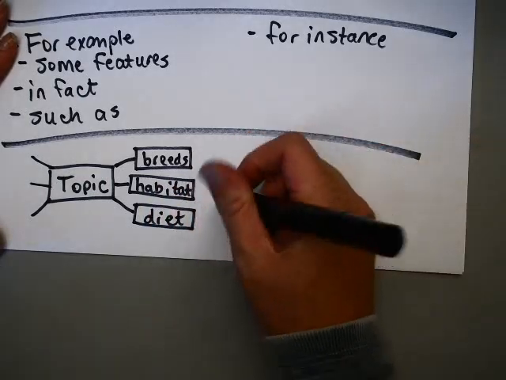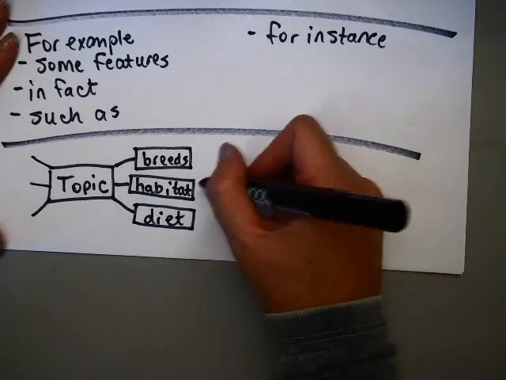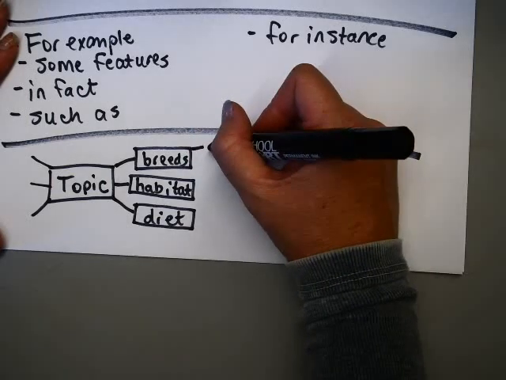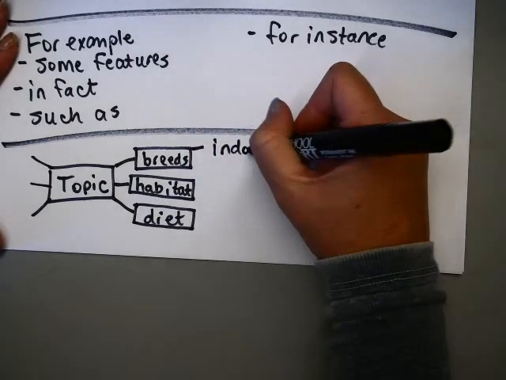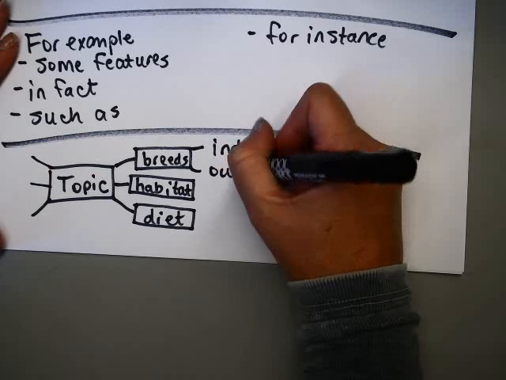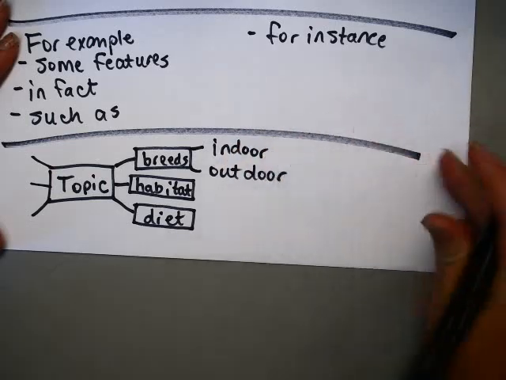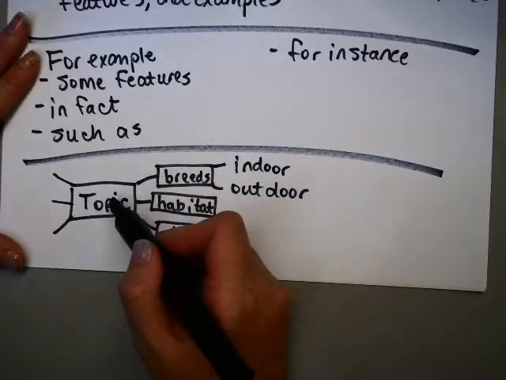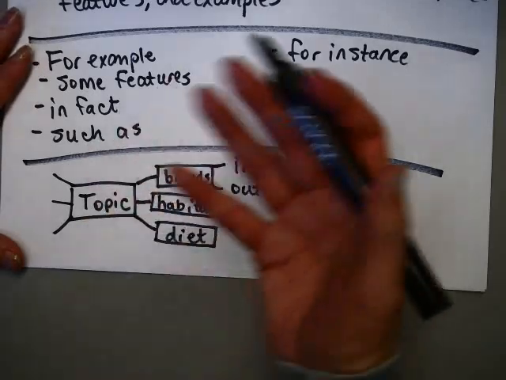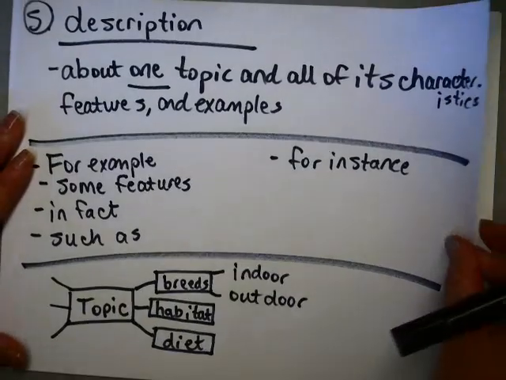And then we could even keep branching off this way too. So breeds could be indoor, outdoor. But the point of this one is that it all leads back to that one particular topic, which would be in this case dogs. Okay, so that is description.